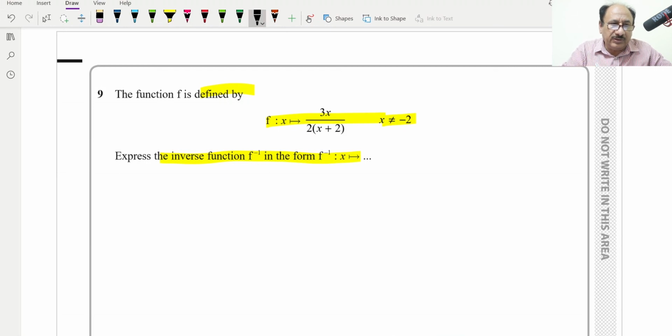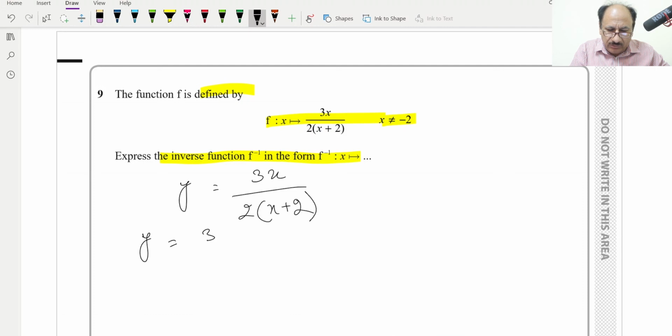So we can write y is equal to 3x over 2 into (x plus 2), and now we can make x the subject. To make x the subject, we will cross multiply. First we can open this one: 3x over 2x plus 4.